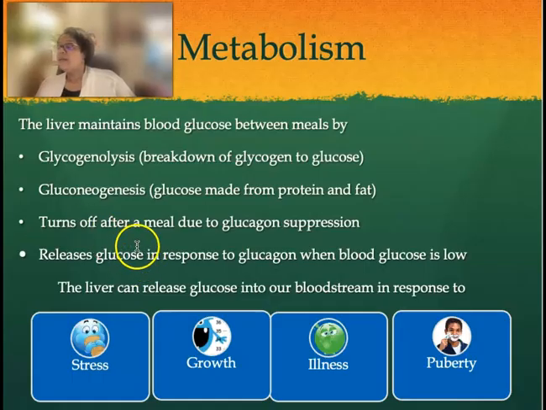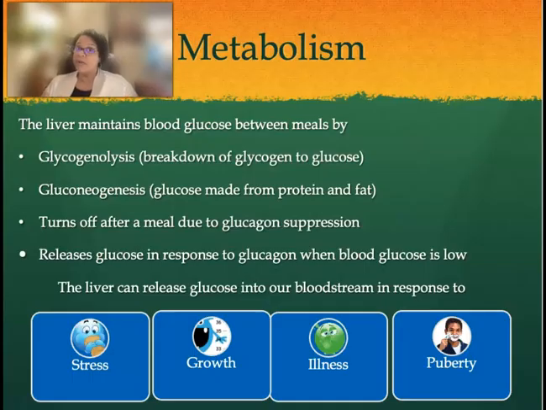So with children, I want to focus a little bit on these 4 things down here. These are the particular events in their life that really impact their ability to be stressed, so to speak. So stress is psychological stress, good stress and bad stress, like we all have.